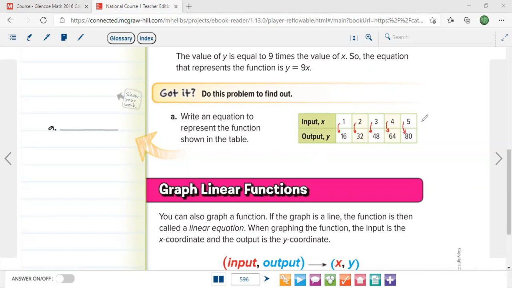So all of it is multiply 16. You need to be sure that it works for all. So y equals the value of x multiplied by 16, or you can say y equals 16x.